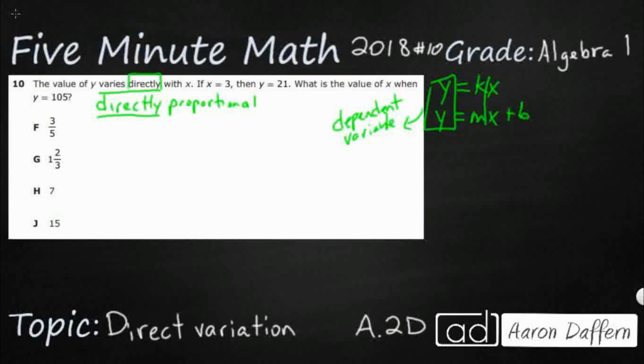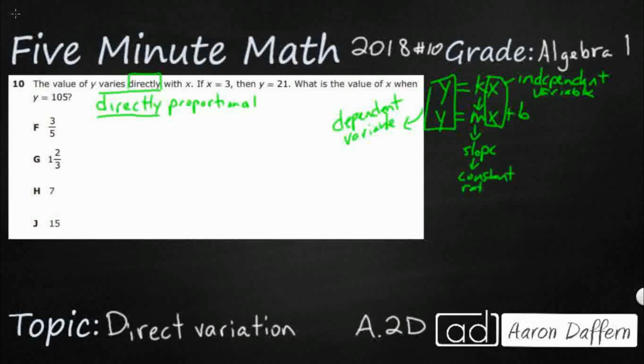And then you've got your x, which is your independent variable. That's how you start the problem. With your independent variable, you do something with it, you multiply it by something, which happens to be your k or your m. Both of those are going to be the same. You can think of them as the slope. You can think of them as the constant rate of change.